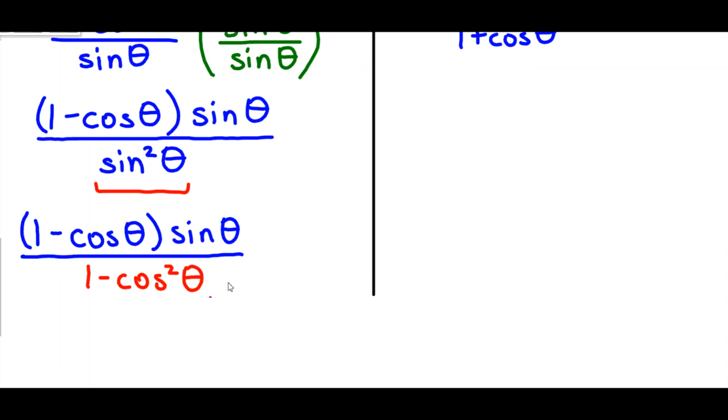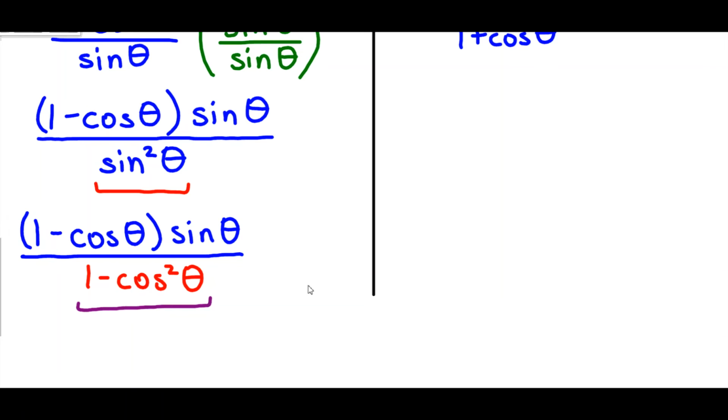Now, this is starting to look a little bit more promising. I have something here where I might be able to get rid of this if I start thinking creatively. My sine is what I need, and I need something kind of like this on the bottom. So I'm going to take a look at this denominator.